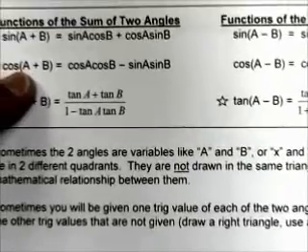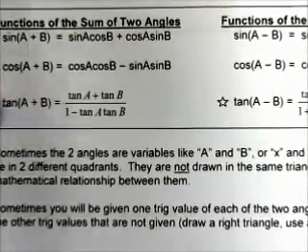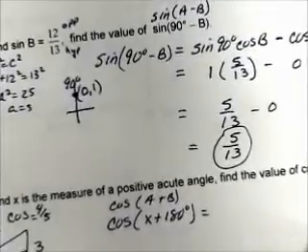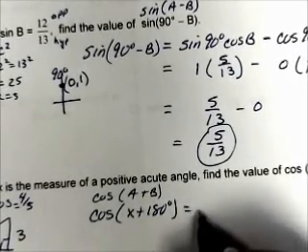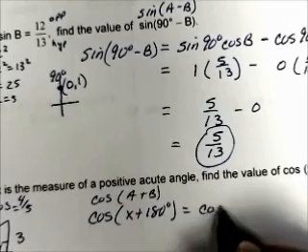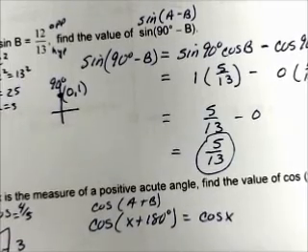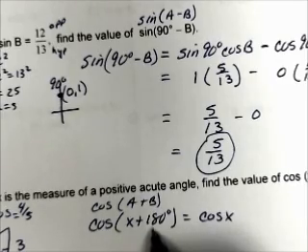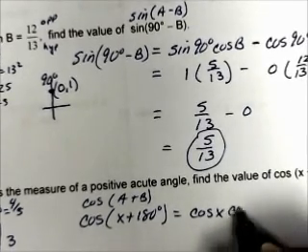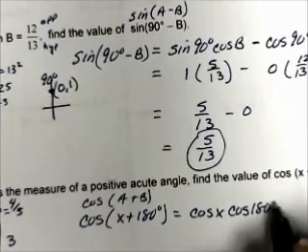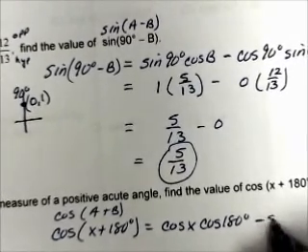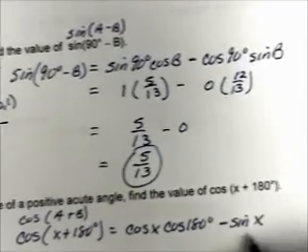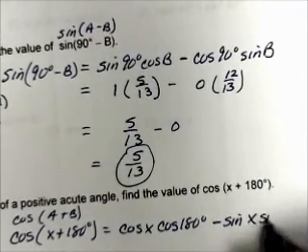The cosine of A plus B is equal to cosine A cosine B minus sine A sine B. So replacing A with x, we have cosine x times cosine of B, replacing B with 180, cosine 180, minus sine x times sine 180.